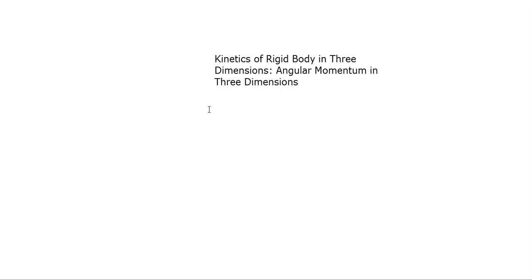This is our first class on the kinetics of rigid body in 3 dimensions. Prior to this, we had discussed a video in which a rigid body known as gyroscope was briefly discussed.